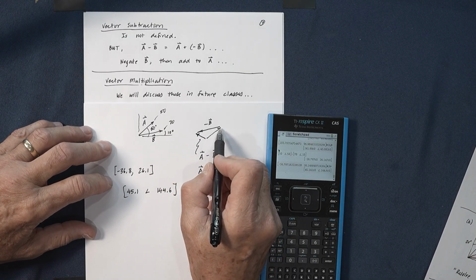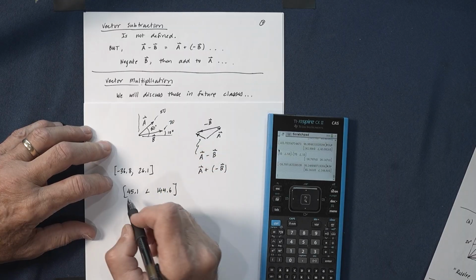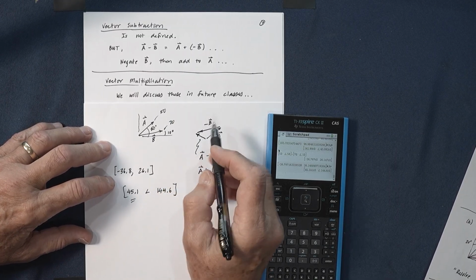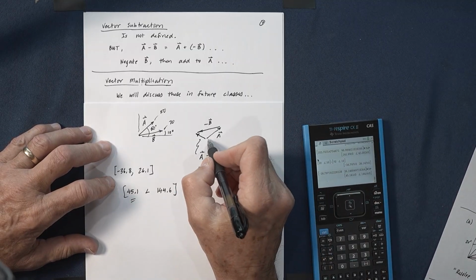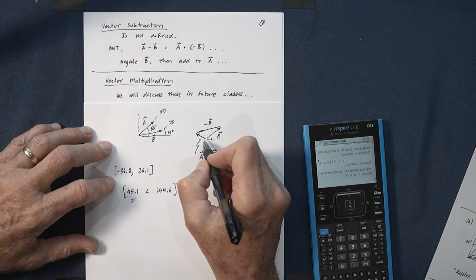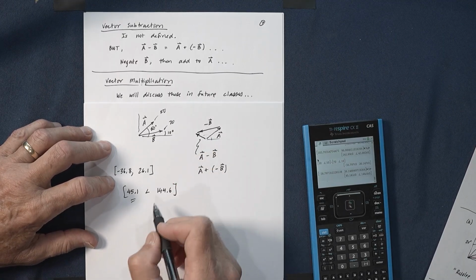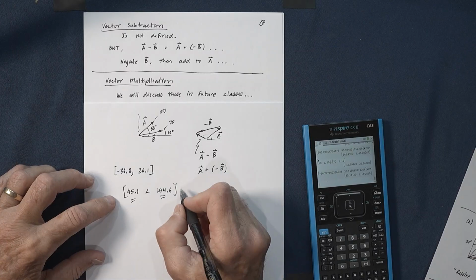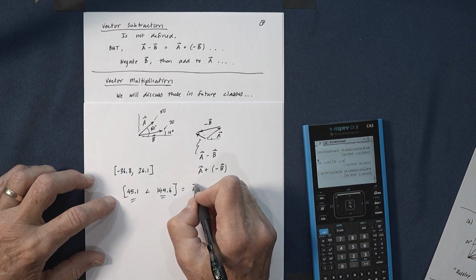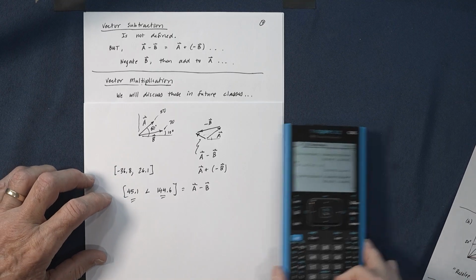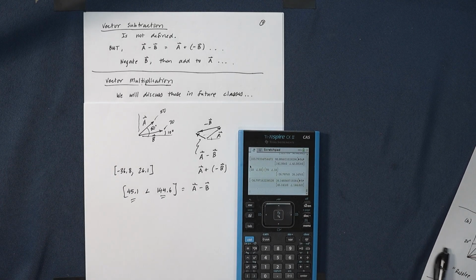So this vector is shorter than A, so it's 45.1. I'm sorry, it's shorter than 50. And if you look at the angle here, that's approximately 90 plus 45, 140. And so this is equal to A minus B, or A plus negative B. And so that's vector subtraction.